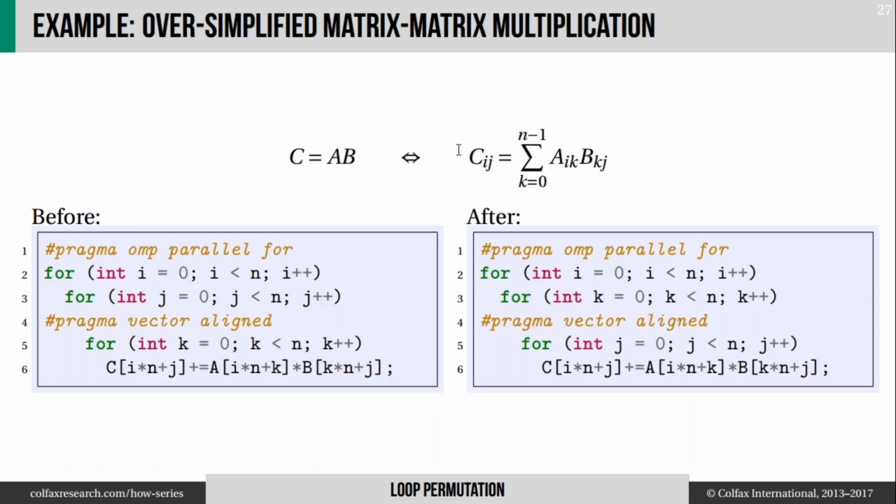I'm showing you an example of 2 codes in which loop permutation could help. A full disclaimer, this is the code of matrix vector multiplication. And the 2 versions that I'm showing you here are bad code and an even worse code.